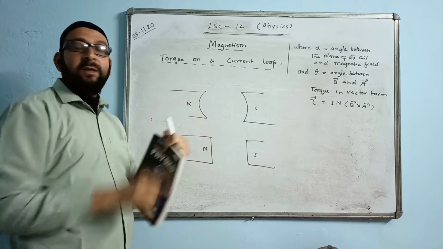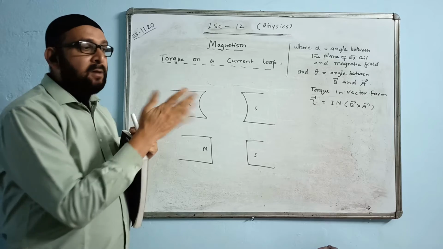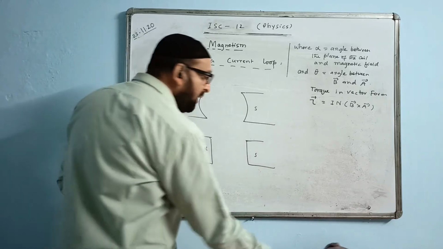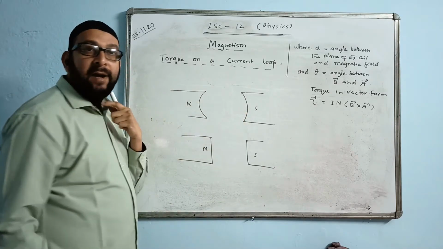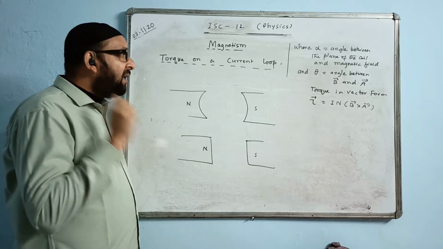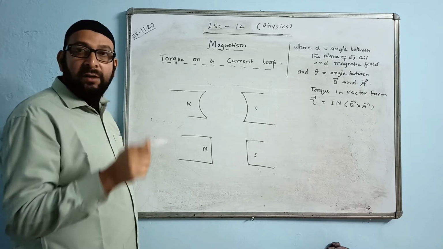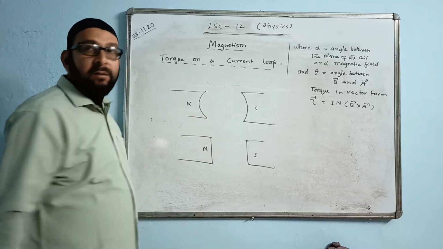So the value of alpha is 0 degrees for that position, and everywhere the value of alpha becomes 0. That is the advantage of this shape. This provides a radial field, and that radial field helps to obtain a maximum and constant torque. For any position of the coil, we will have the maximum and constant torque.